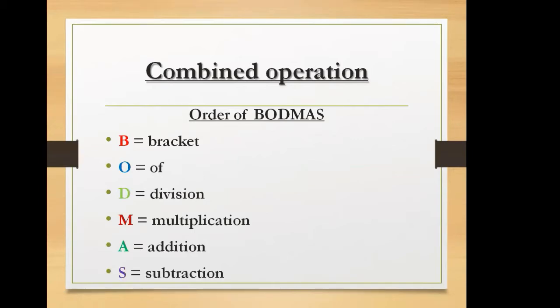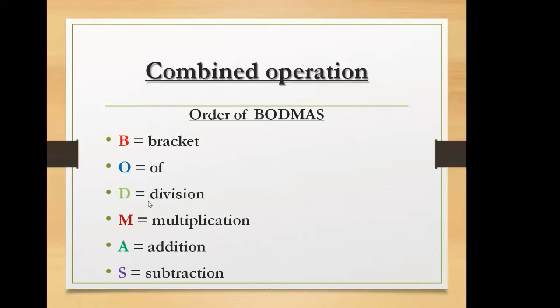This is the order of BODMAS. Simply it means that when we have all the operators in a question, this is the sequence and the order. In step number one, first we have to remove the bracket.